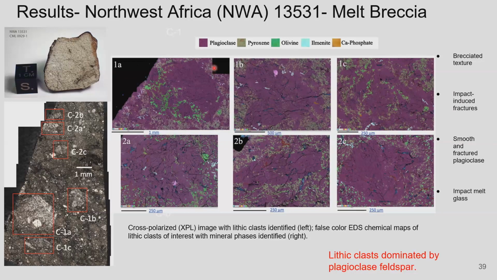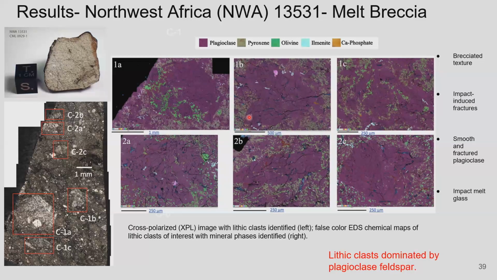So I've labeled which mineral the colors correspond to. You'll notice right away that each of these clasts is almost purple, which means they're very rich in plagioclase feldspar. In fact, most of these lithic clasts are what we call anorthositic clasts. They're basically all plagioclase feldspar. You'll notice this first one right here has a little bit of olivine, and a little bit of pyroxene right here as well.